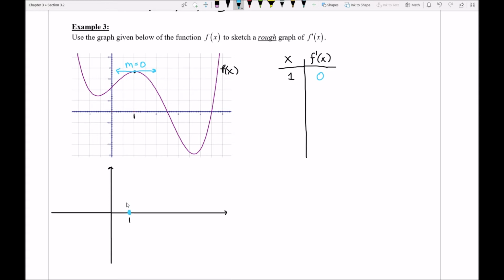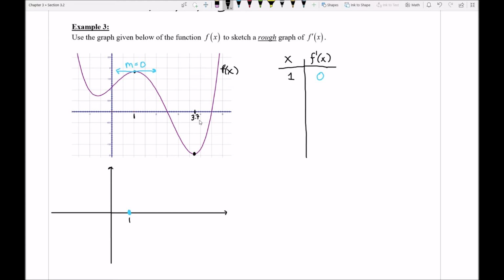Now notice I could probably go up to this original function f of x and continue to do this. In fact, finding times when the derivative is going to spit out 0 is probably some of the easiest stuff to start looking for, because it might not be too much work to find when I'm going to have a slope of 0. Notice that it looks like maybe somewhere around here, I might also get a slope of 0. Let's say maybe this is at, say, 3.7.